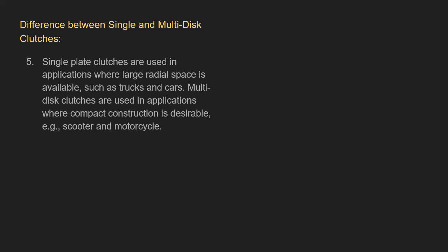If there is sufficient radial space for mounting a single plate clutch, it is preferred. For example, trucks and cars largely run on single plate clutches. Whereas when you need more compact mounting of the clutches, as in the case of a scooter, we make use of multi-plate clutches.